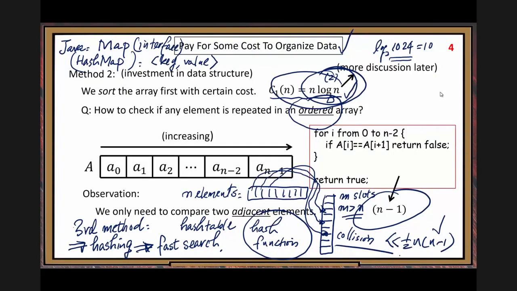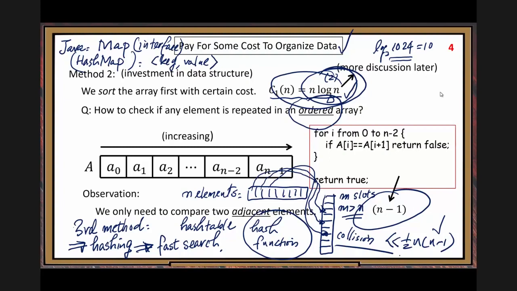You can do further mapping, applying another function to the next location and so on. After a few times, you can find a vacant location for the element. You use this way to go through all the elements in the array.